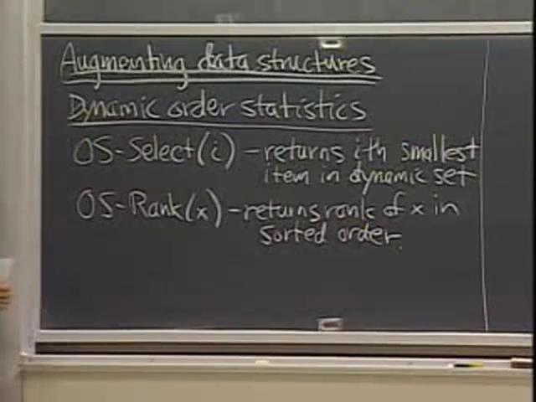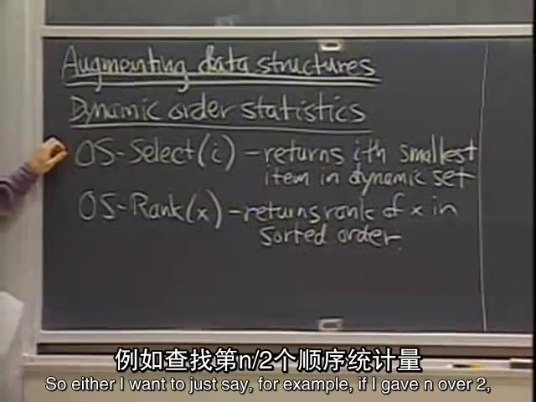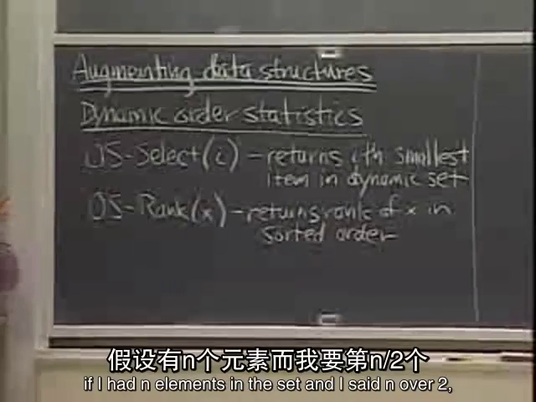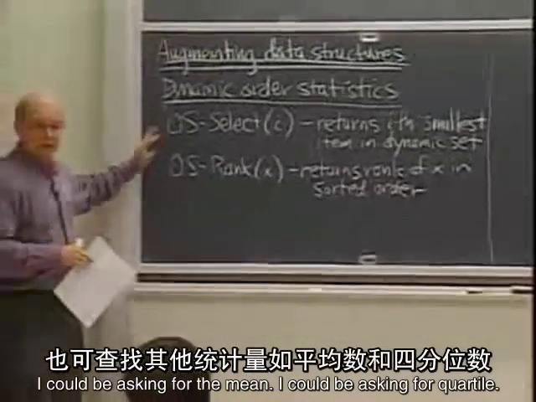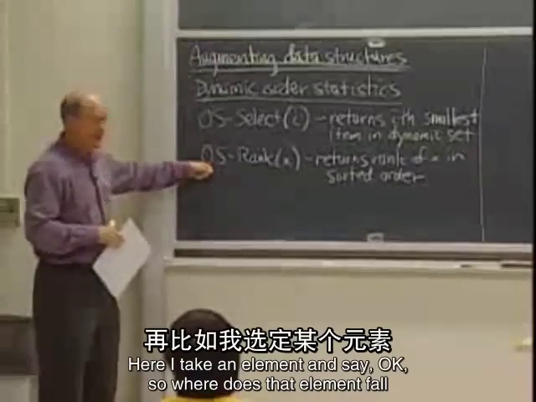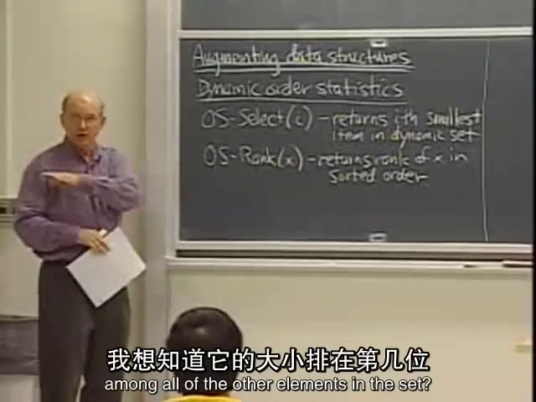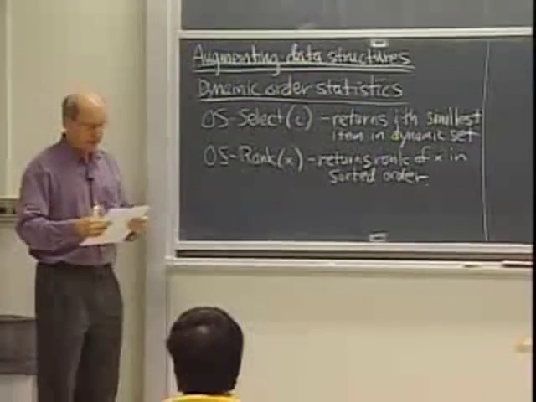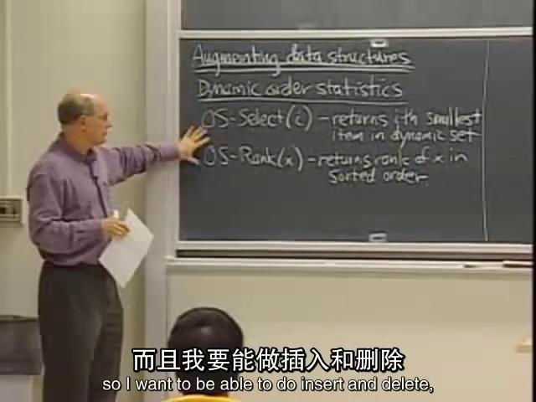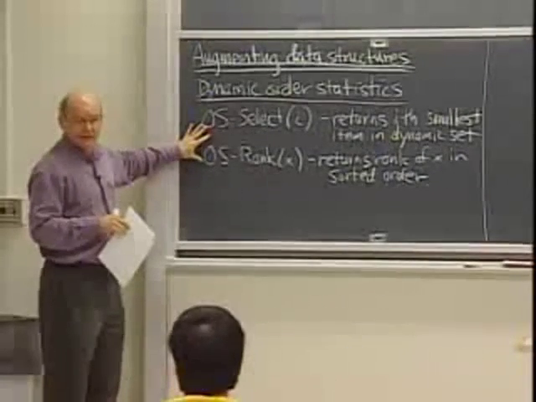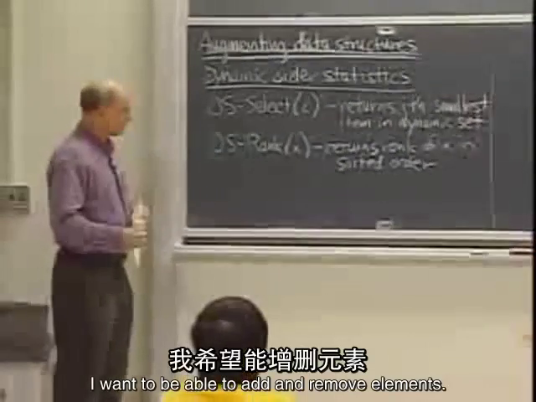So either I want to say, for example, if I had n elements in the set and I said n over 2, I'm asking for the median. I could be asking for the min, or a quartile. Here I take an element and ask where that element falls among all of the other elements in the set. And in addition, these are dynamic sets, so I want to be able to do insert and delete. So I want to be able to add and remove elements.